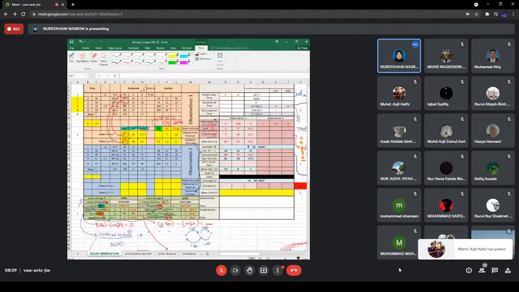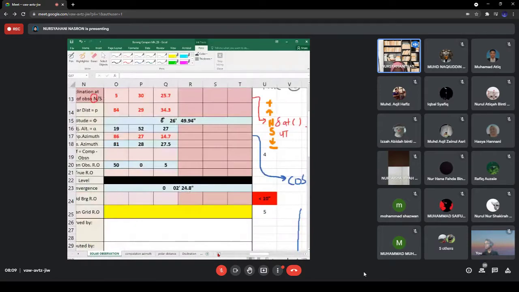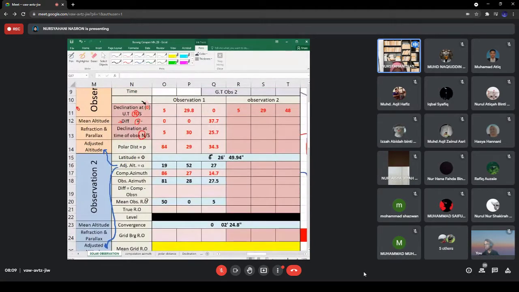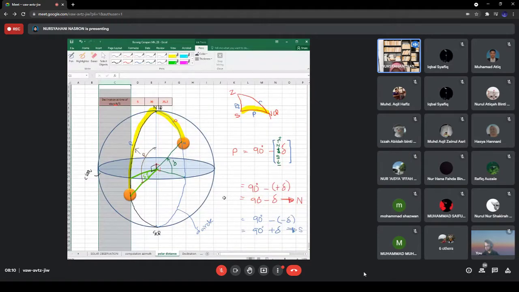Last time we calculated at computation azimuth, and before we do the computation azimuth, we need to have the value of polar distance. How do we determine the polar distance? You first need the declination, and then you get the polar distance.